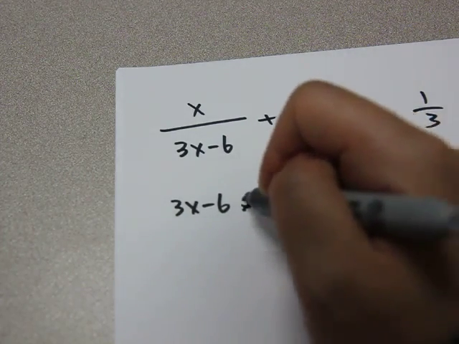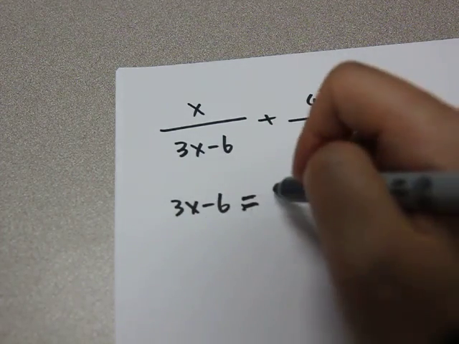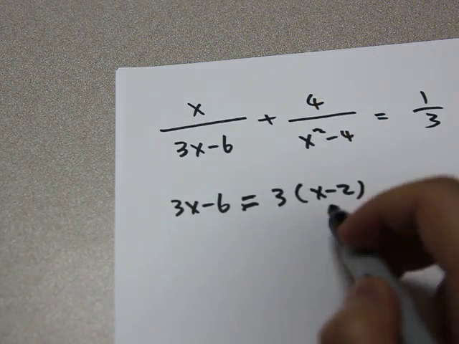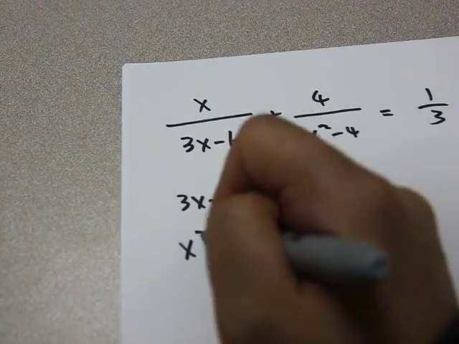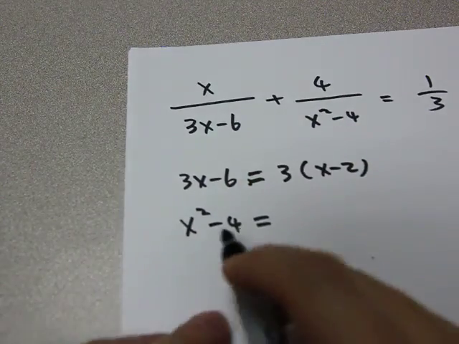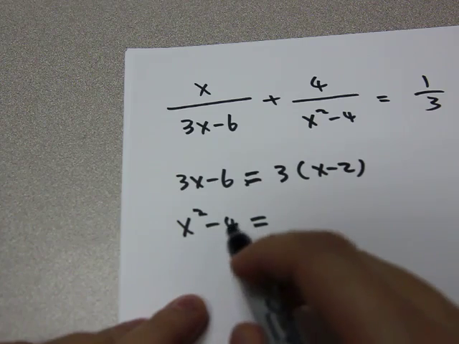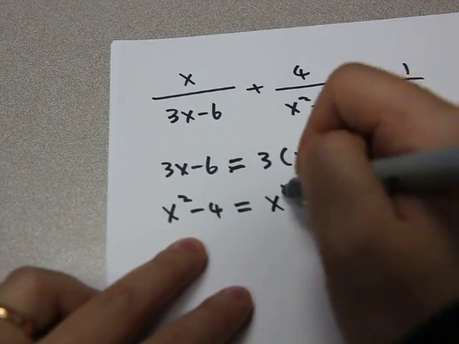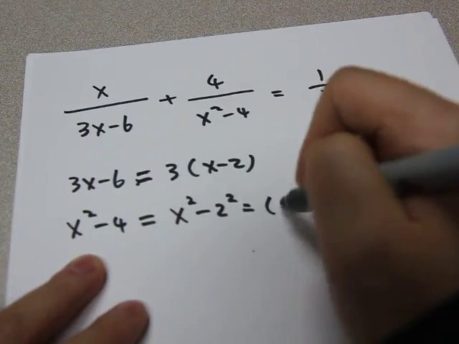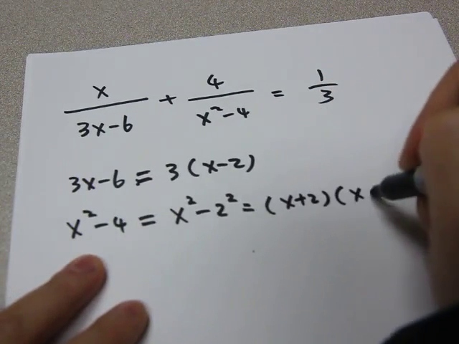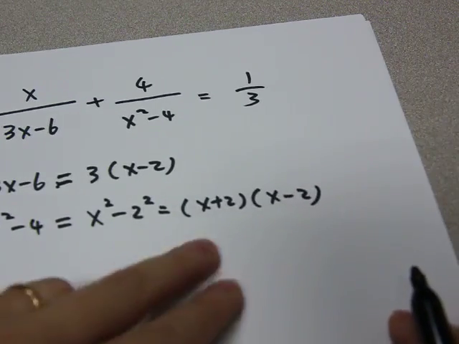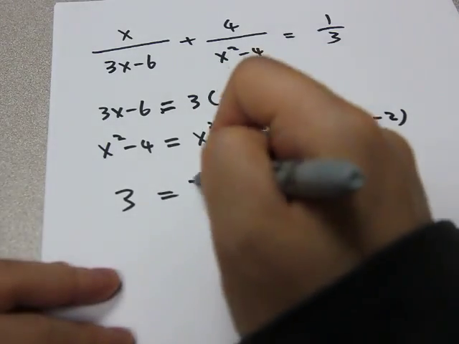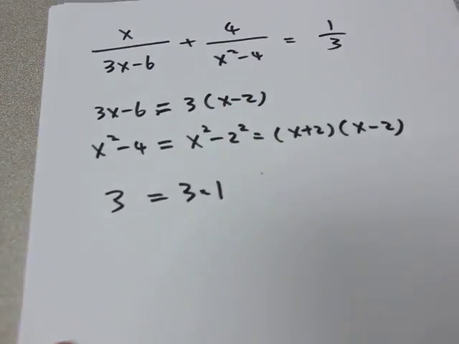So 3x minus 6, we can factor this into 3 times x minus 2. So it has two factors, 3 and x minus 2. Now x squared minus 4, remember how to factor this? We can factor this using the formula of difference of two squares, right? Because this is x squared minus 2 squared. So it can be factored as x plus 2 times x minus 2. Now 3 is a constant, so just leave it as 3 times 1.